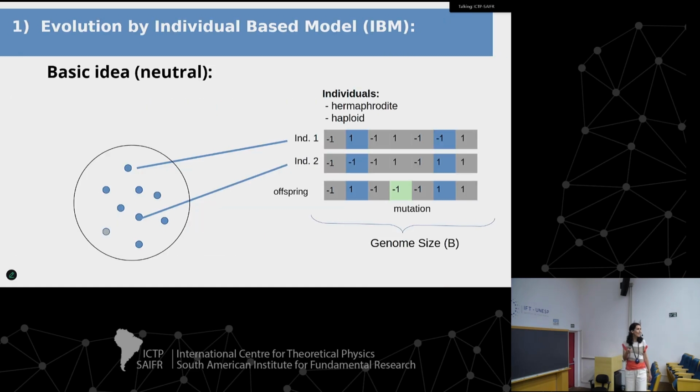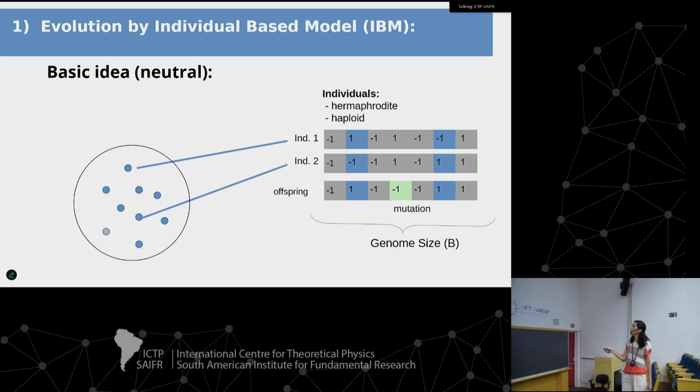So the basic idea, as just introduced, is that we can model individuals here. I just put -1 and +1 instead of 1 and 0, but it's the same idea as we learned. We have a pool of individuals in a given spot, and each dot here means 1 individual.